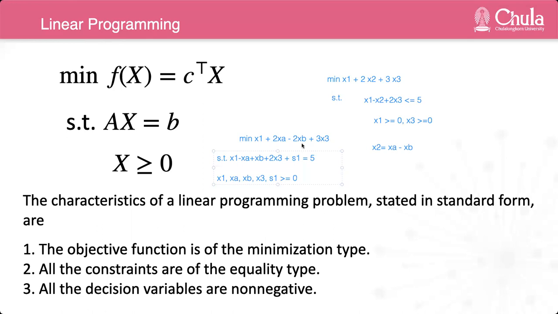We guarantee it with this one, s1 must be positive. Of course, if you have greater or equal, then you have to multiply everything by negative. The sign will be changed to less or equal.